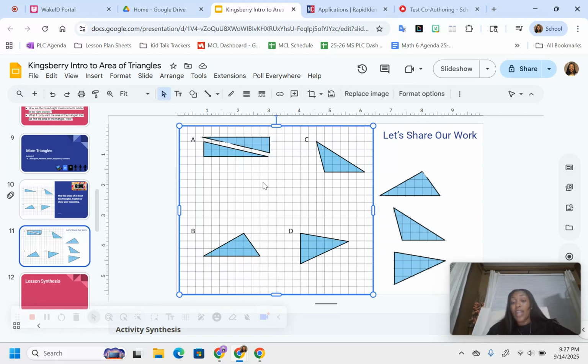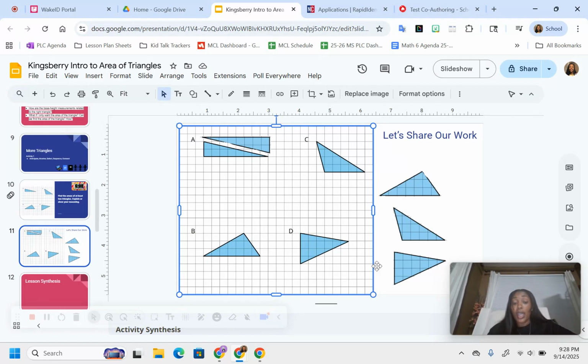And if I want just the triangle, I can take half of that. So the triangle would have an area that's half of 16, which would be 8. So this triangle on A has an area of 8.